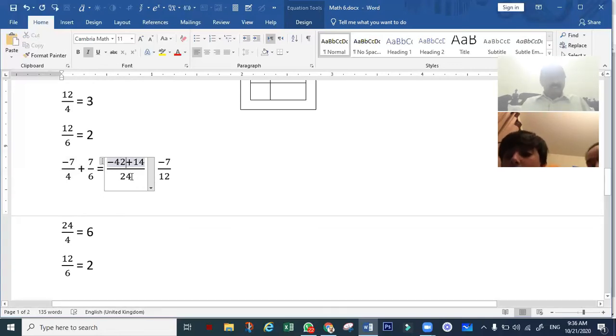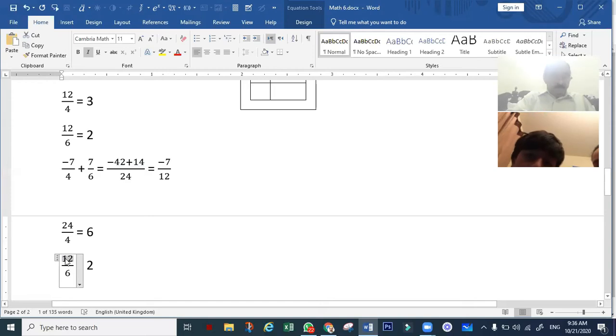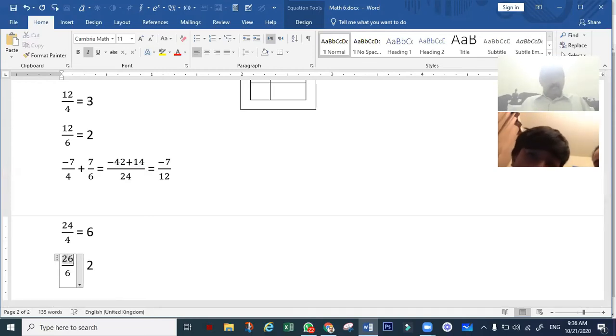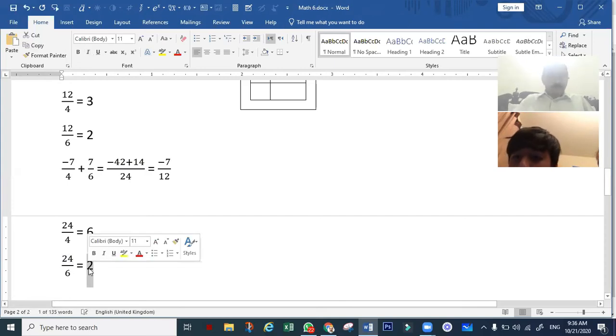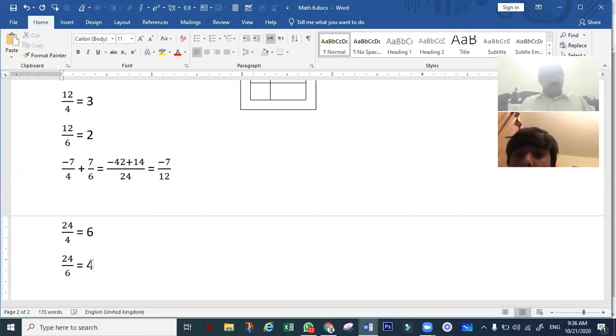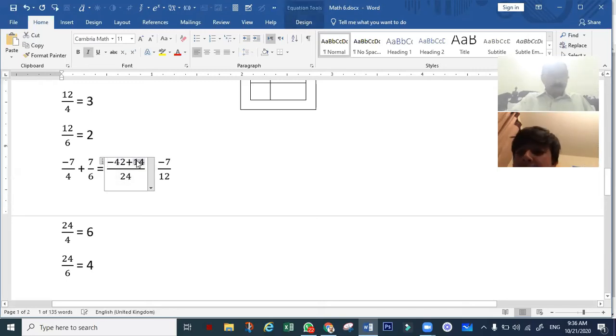And again, 24 is to be written over there in the numerator. It is to be divided by 6. What do we get? 4. And 7 times 4 is? 28.